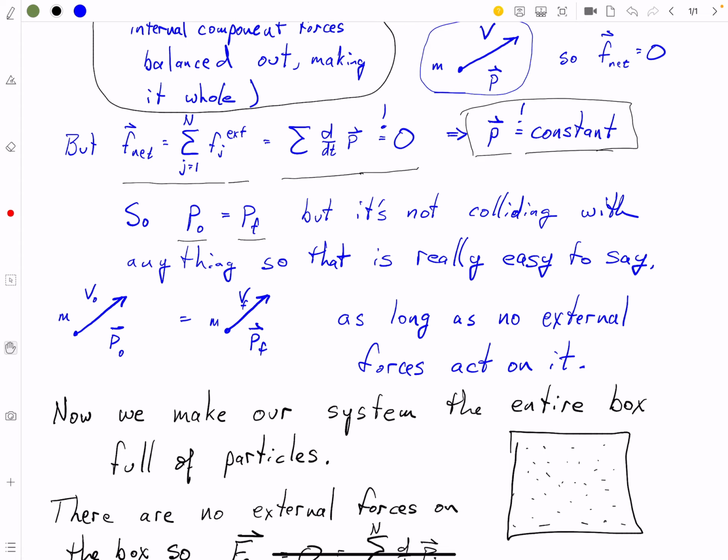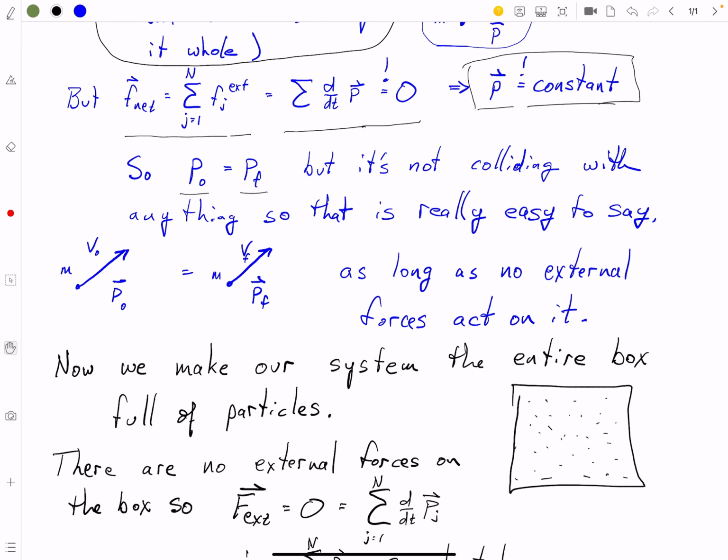And this is really easy to say, right? Just so that you guys can see it one more time, we have a P initial and a P final. And as long as no external forces act on it, that is going to be true.